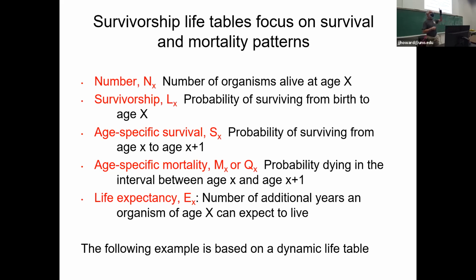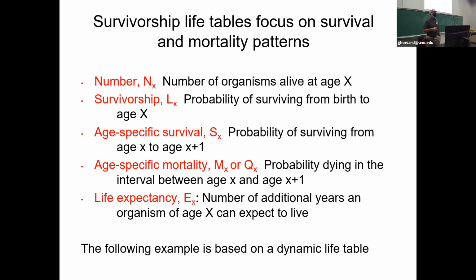First, it has the number of organisms at any given age, X. So N sub X. N sub 0 is the number of organisms that are newborns, because 0 is being born. N sub 3 is the number of organisms at age 3. And generally, this is what we measure, and then we estimate the rest of these things from the numbers.